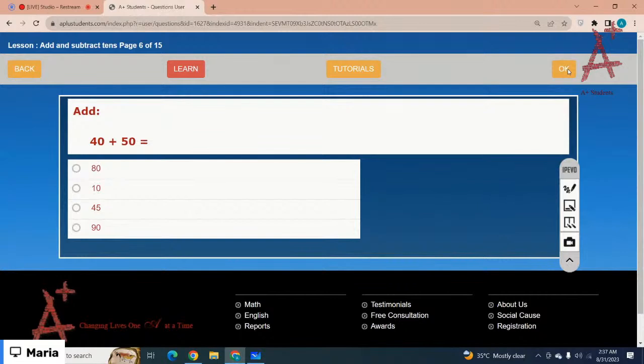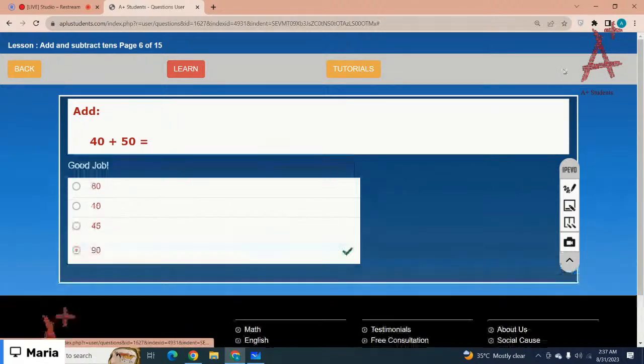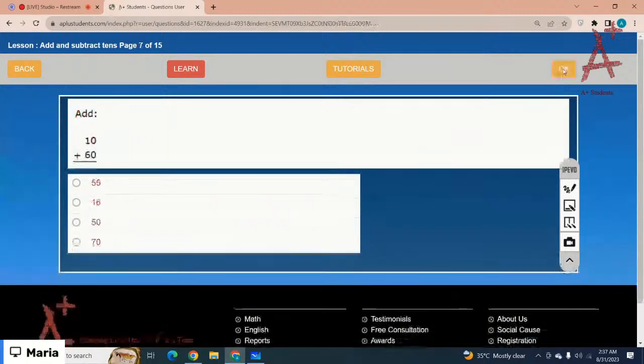Add 40 plus 50. So which is the correct option? 0 plus 0 is 0 and 5 plus 4 is 9. So the correct option is 90. Okay, add 10 plus 60.